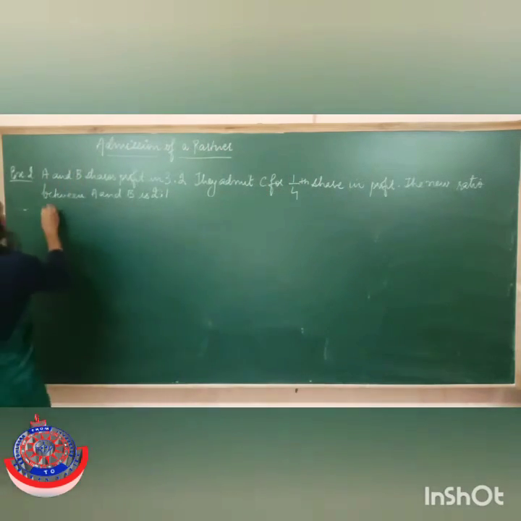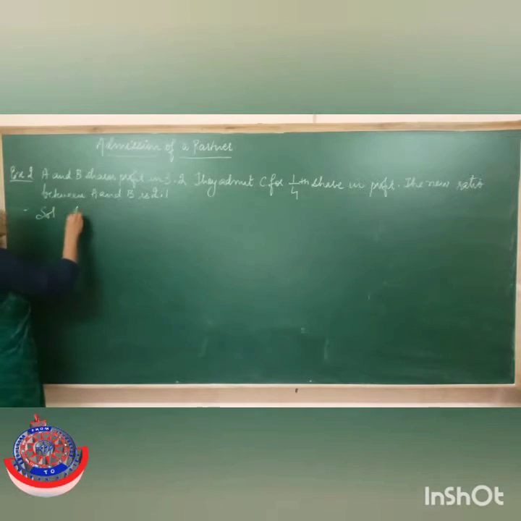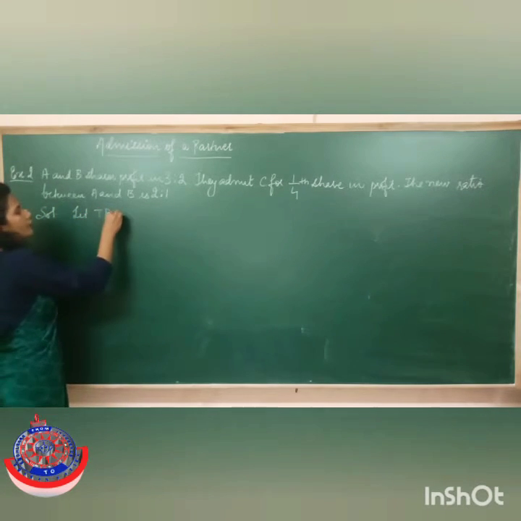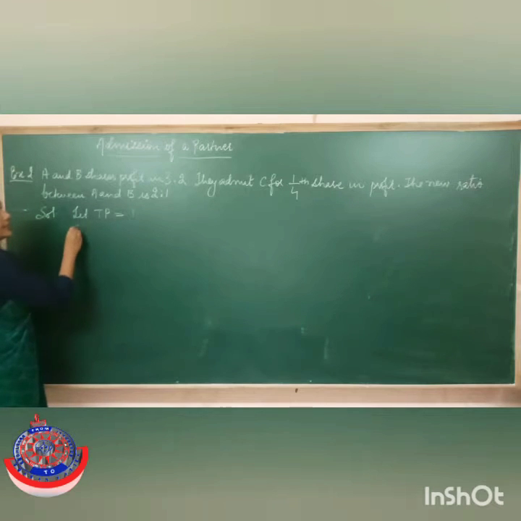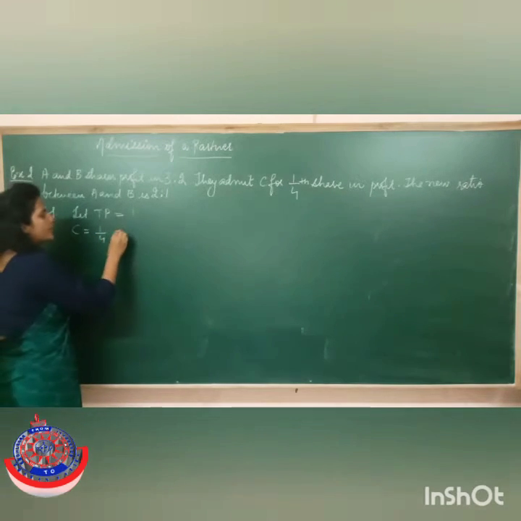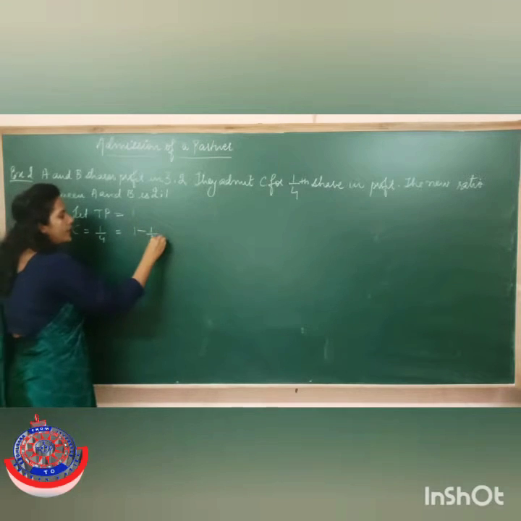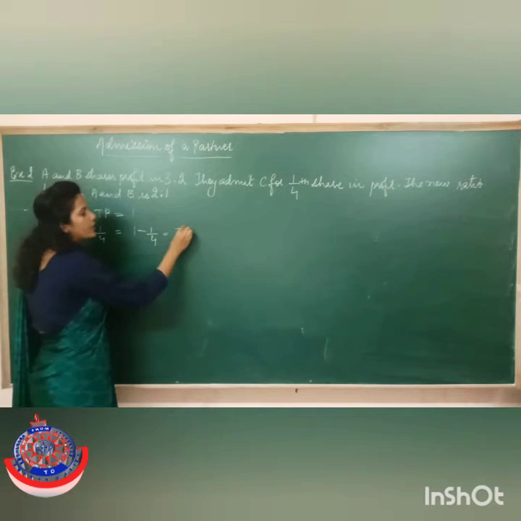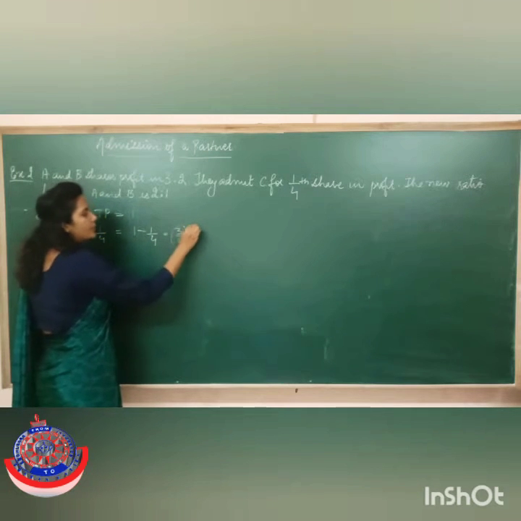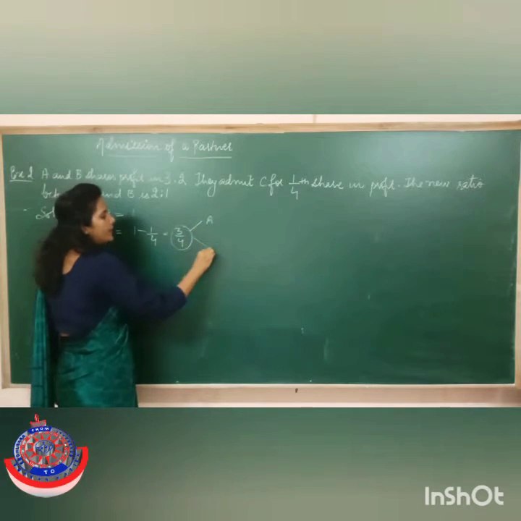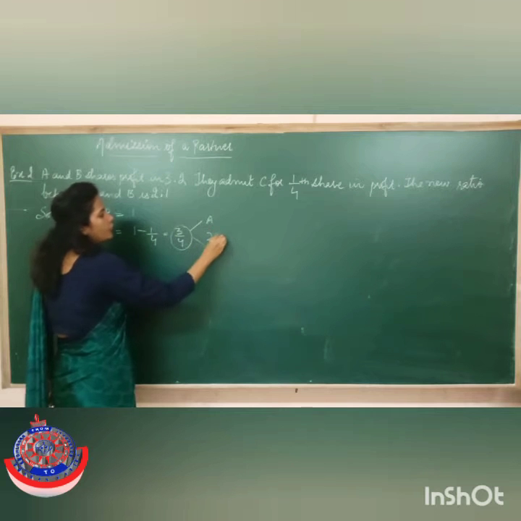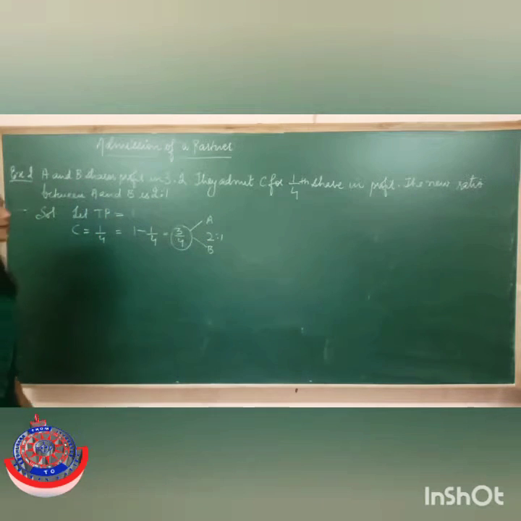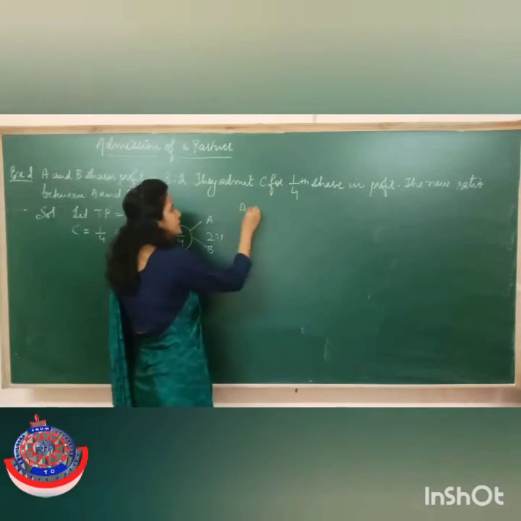See how? See, if I say that let total profit equal to 1, C is going to take 1/4 share, then obviously profit left for A and B will be 3/4. Now this profit will be shared between A and B in the ratio of 2:1. Fine. So now how do we calculate A's new share?